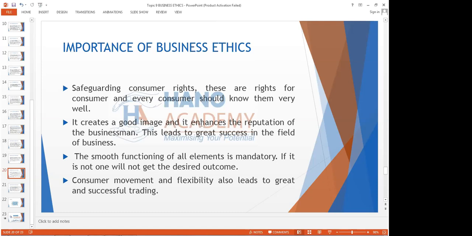Then we are also saying that the smooth functioning of all the elements is mandatory. If it is not, one will not get the desired outcome. So all aspects or forms of business activities need to be collaborative.